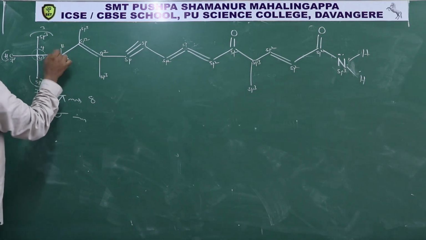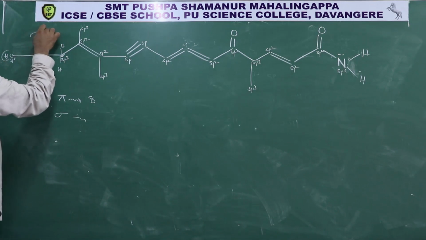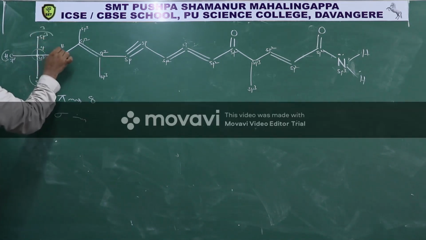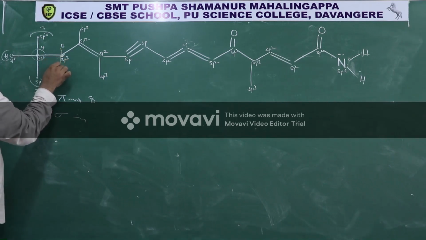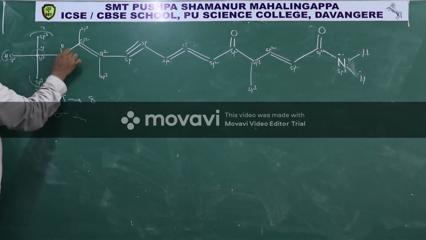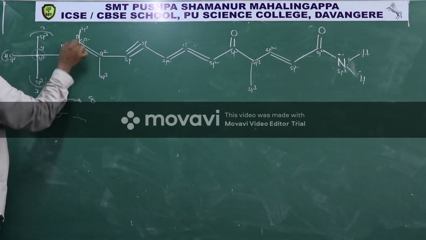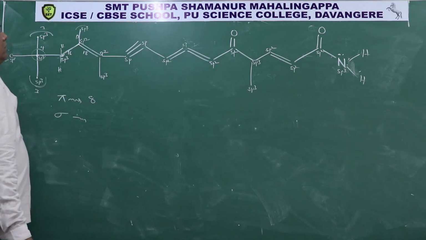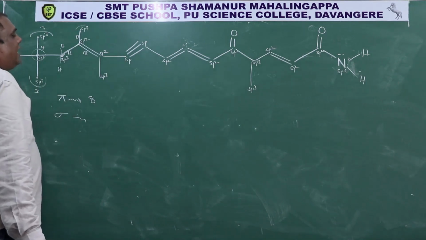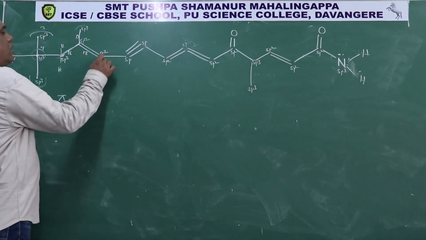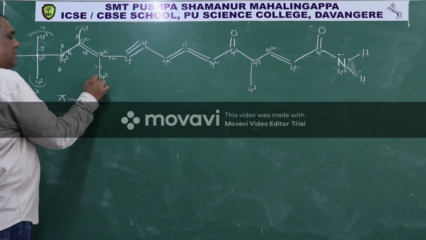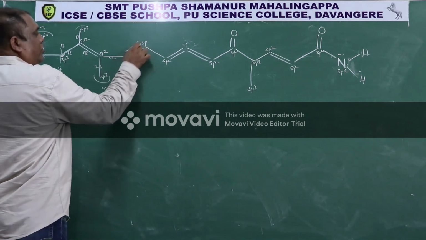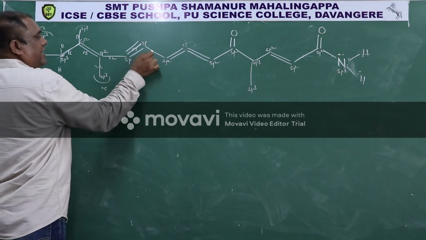So 3 plus 3 is 6, plus 3 is 9, plus 4 is 13, 14, 15, 16, 17, 18, plus 3 is 21, 22, 23, plus 3 is 26, 27, 28.